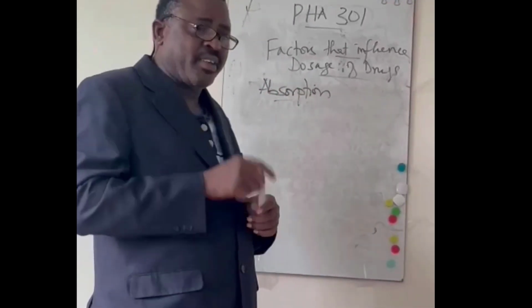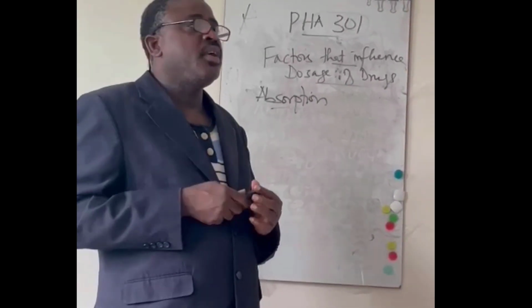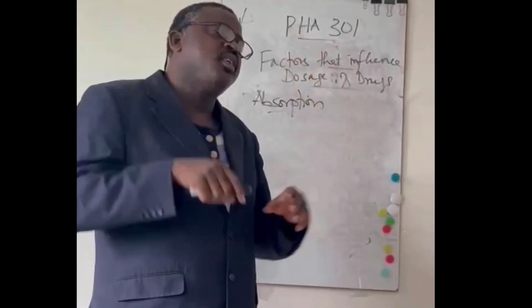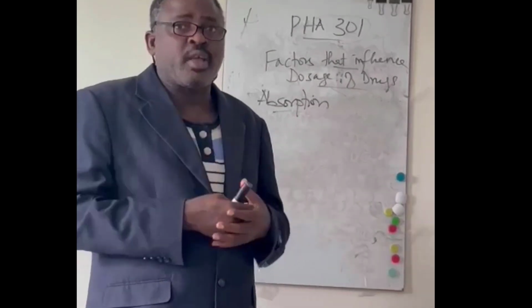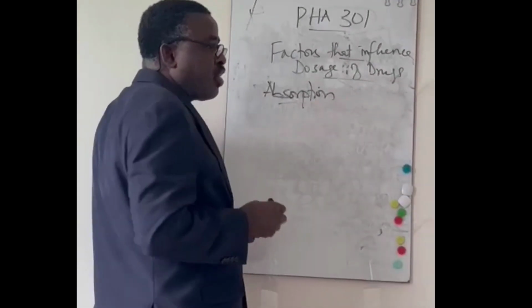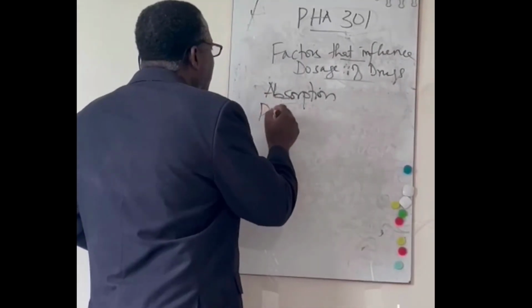Absorption of drugs, like I said, mainly takes place in the small intestine, and it takes about four theories to describe how absorption takes place. The first theory is passive diffusion.